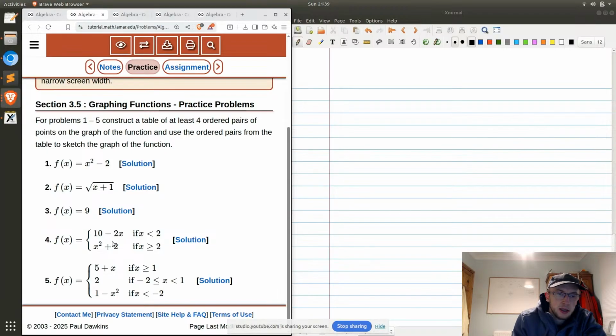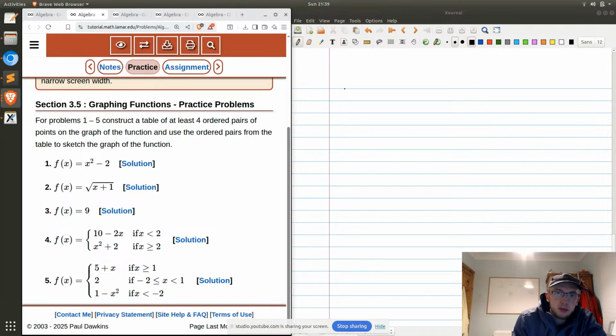In fact, the greatest value will be anything that's strictly less than 2. But if I were to input 2 in there just to see, that would be 10 minus 4, so that would be 6. Kind of interesting. All right. Anyway, and this is a parabola, which is translated 2 units above the origin.